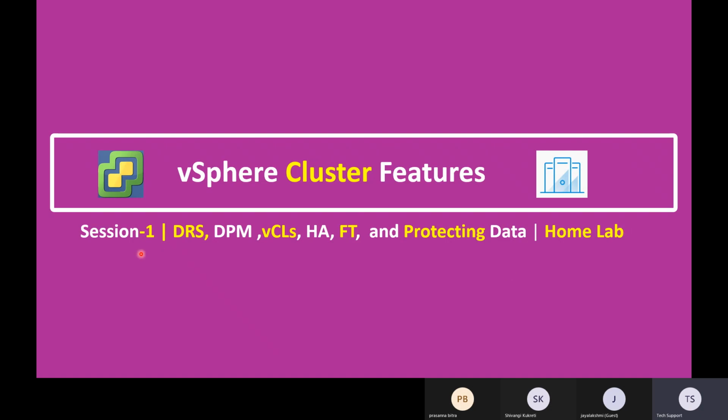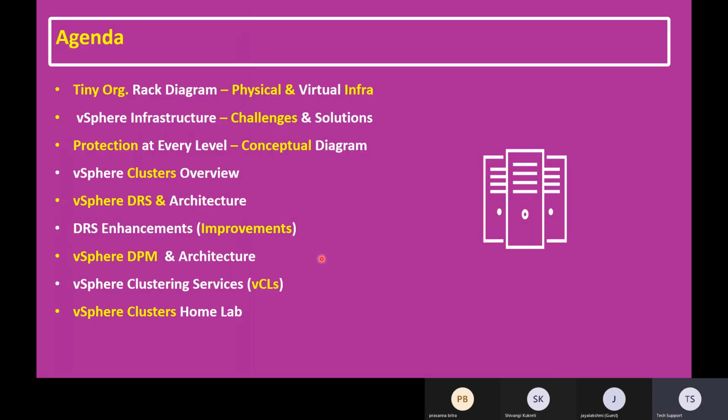Before we start the cluster features, let's try to understand some real-time scenarios. Once we imagine the real-time scenario, it is easier to understand the importance of all these features and why we are using them at the vSphere level. So let's observe our agenda. The agenda is a tiny organization rack diagram, physical and virtual infrastructure.